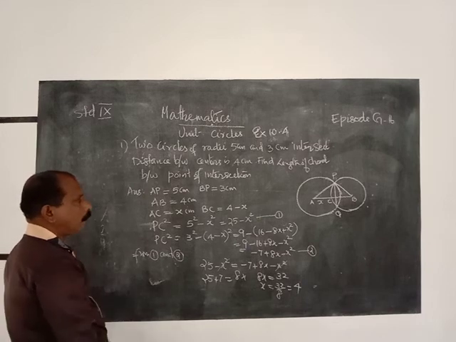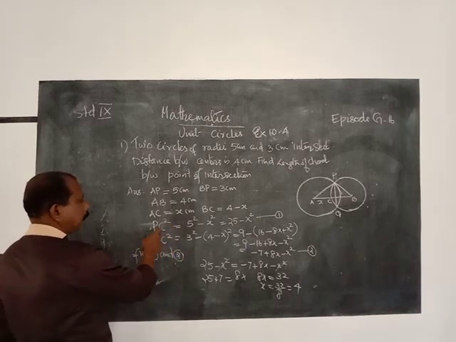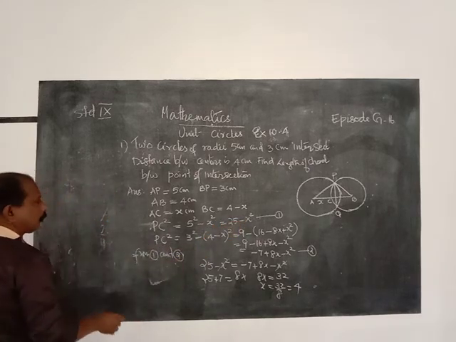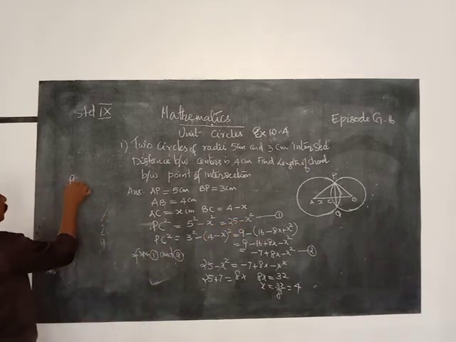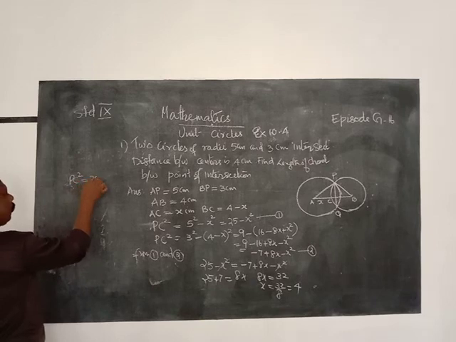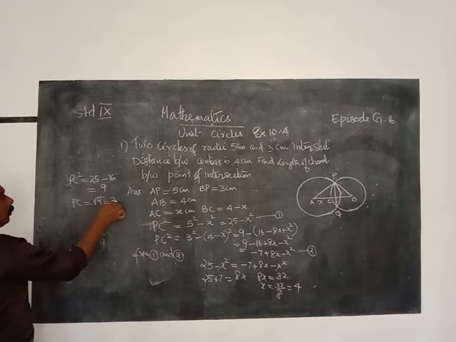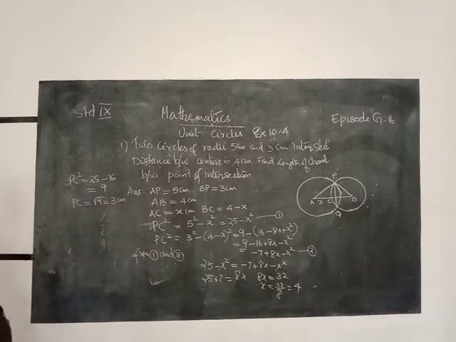Then what is PC square? PC square is equal to 25 minus x square. X is 4, so that is equal to 9. Therefore, PC is equal to root 9, which is 3 centimeters. That means PC is the radius of the second circle.